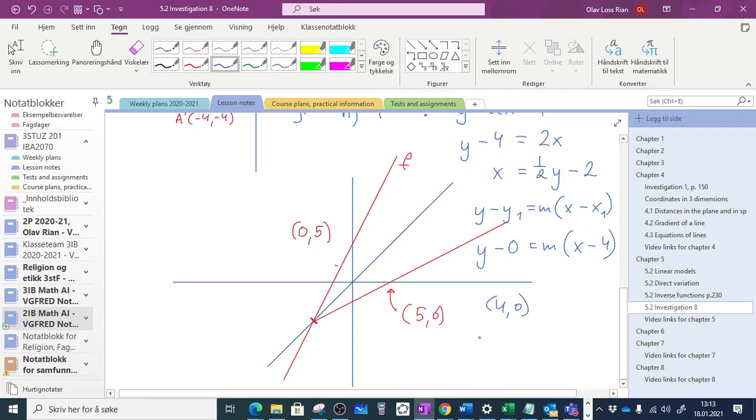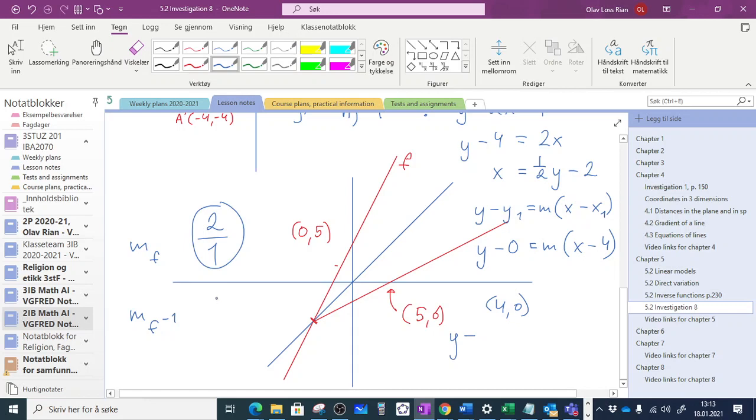If we write the gradient of the original function as a fraction, we can simply flip it upside down. So this is the gradient for f. MF, it does not stand for what you think it stands for.